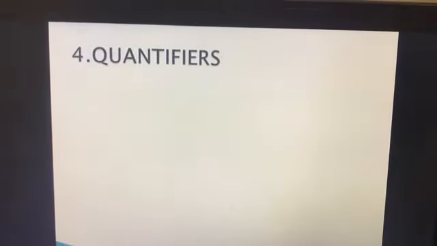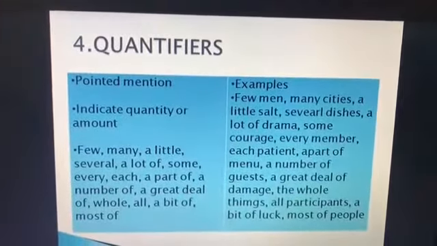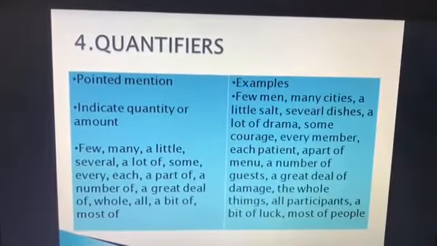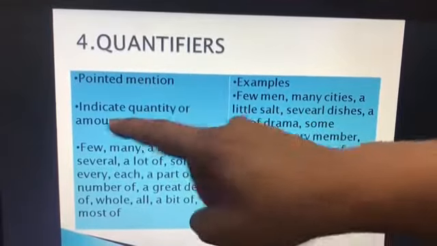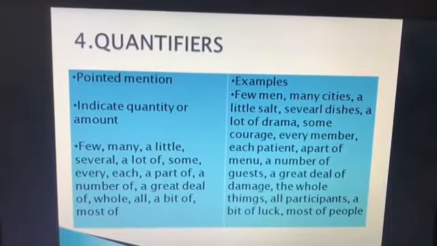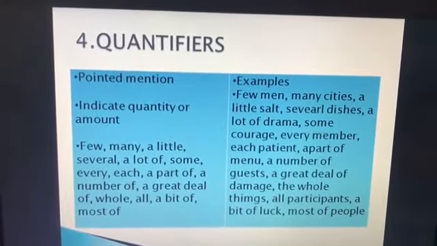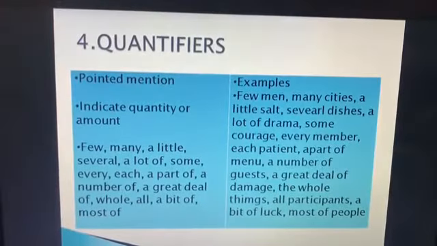Now fourth one is quantifiers. What are quantifiers? Quantifiers are also used as a pointed mention, but it is used to indicate any quantity or amount. जब किसी चीज़ का measure या amount को हमको indicate करना होता है, then we are using quantifiers.